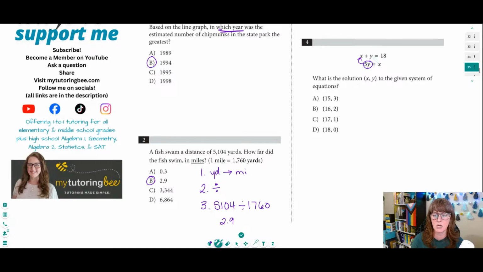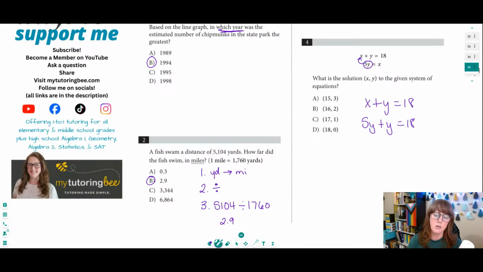So I can take this top equation and substitute in 5y for x. And now I have an equation with only one variable, which is solvable. It's not solvable when we have two different variables in the same equation. So that second equation helped us know what x is equal to in terms of y, so we can substitute it.